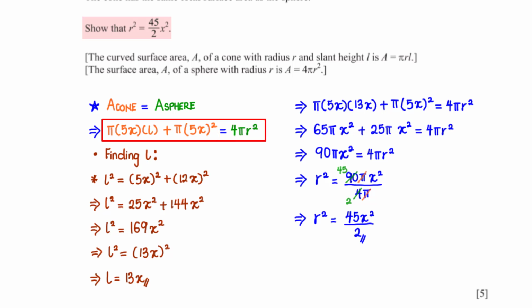Then for the sphere, whose radius has been given as r, its surface area is 4 pi r squared. The final equation we want to arrive at does not contain L, so we need to replace L with an expression in terms of x.